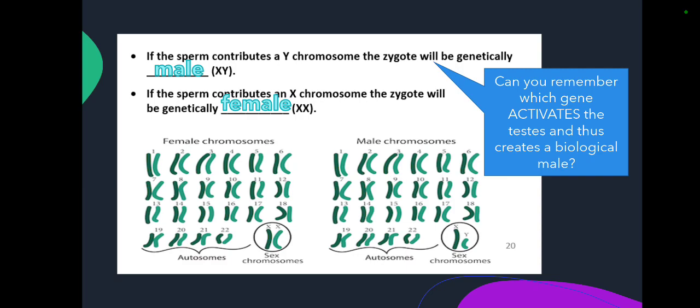Without it, you would stay female. All embryos, all zygotes, are female to begin with, with unformed gonads. So do you remember what that gene is that activates the testes at 8 weeks and causes that zygote to become a biological male, i.e. the development of the testes? Do you remember it?